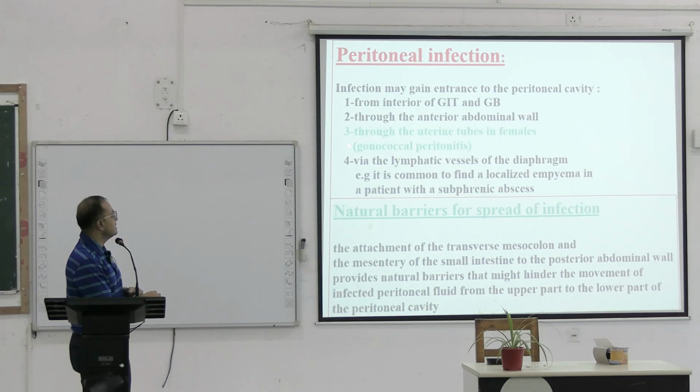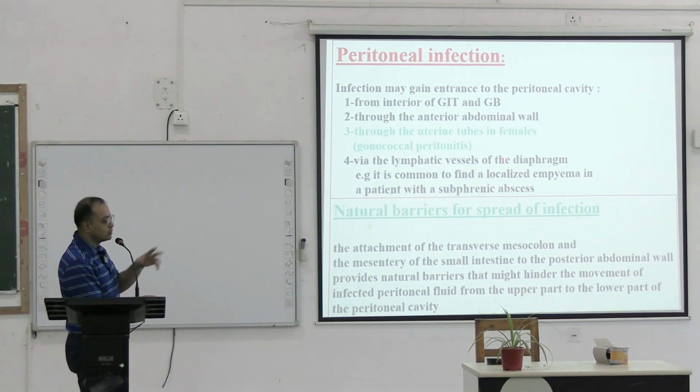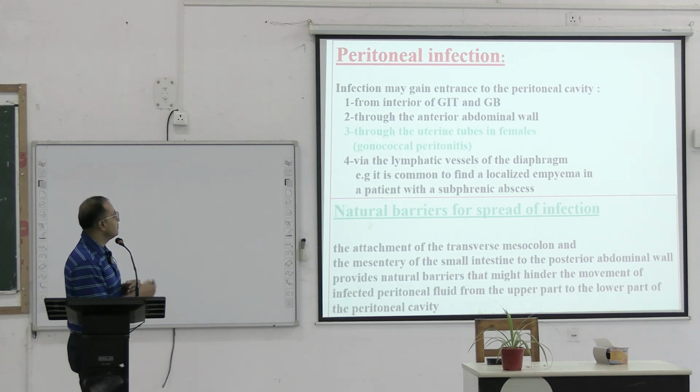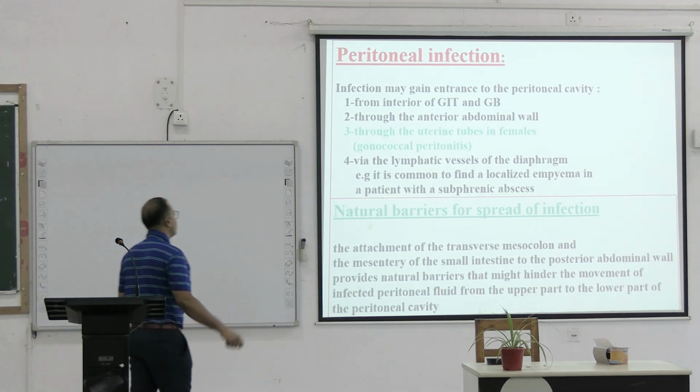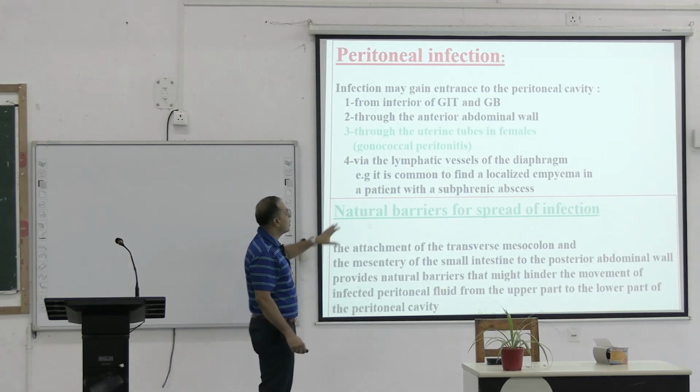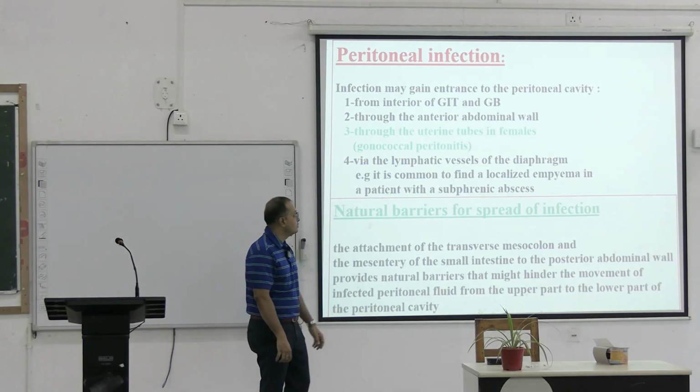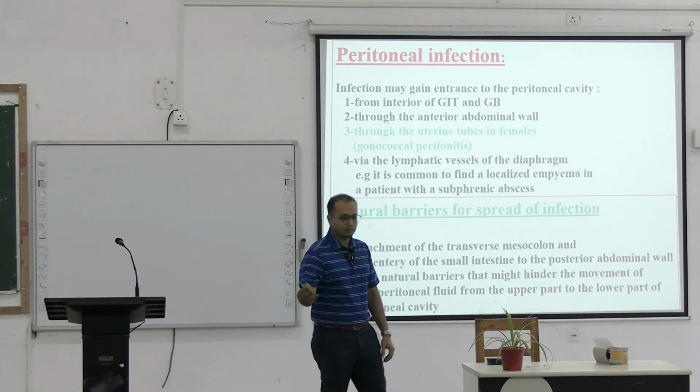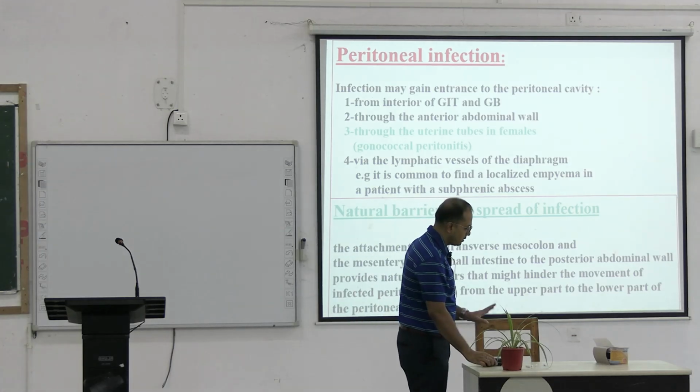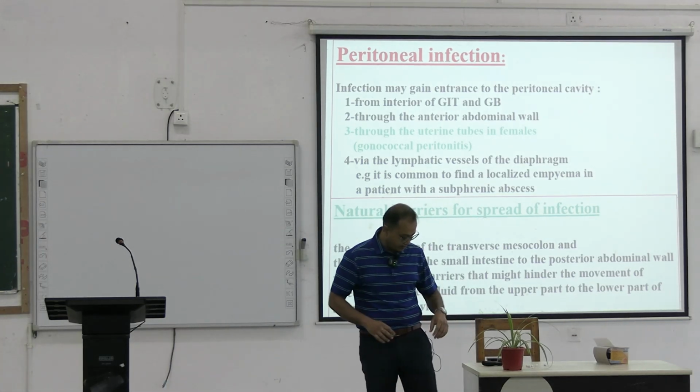So infection can ascend or climb up from the uterus to the abdominal cavity. These infections are more common in females than in male subjects. Again, this is an important thing to keep in mind.